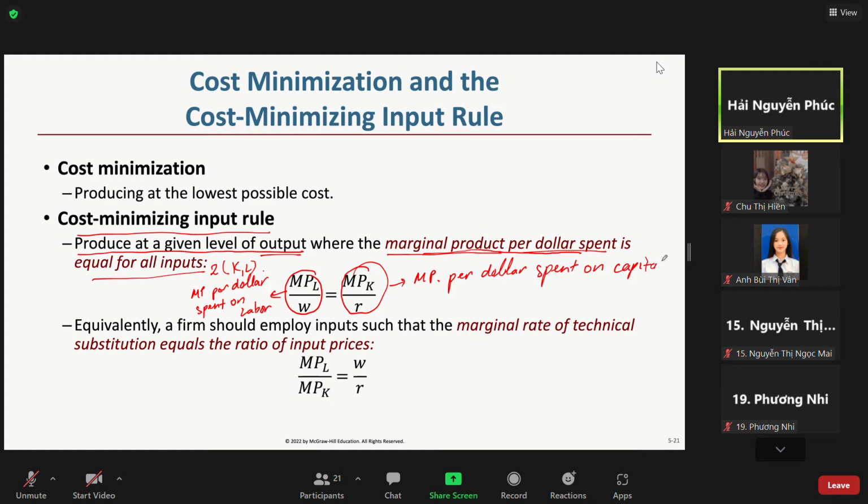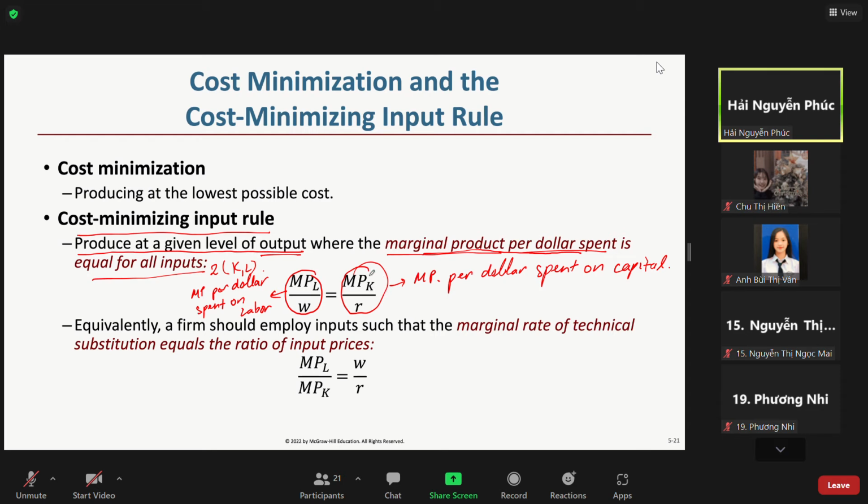We have MPL divided by W as the marginal product per dollar spent on labor. And we have MPK divided by R as the marginal product of capital per dollar spent.